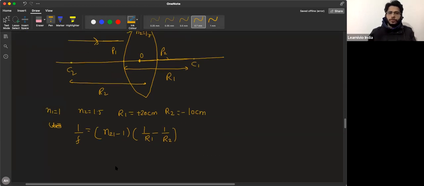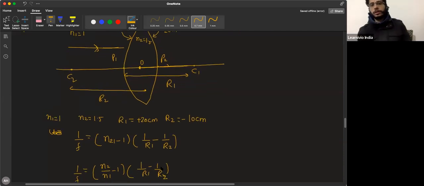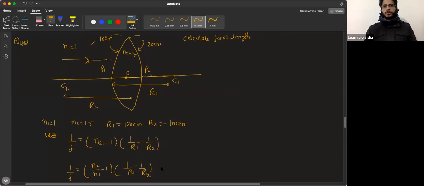Substitute all values with proper sign and get the value of F, focal length. Do it. You have R1, R2 with proper sign. Substitute the values of R1 and R2 and get the value of focal length.